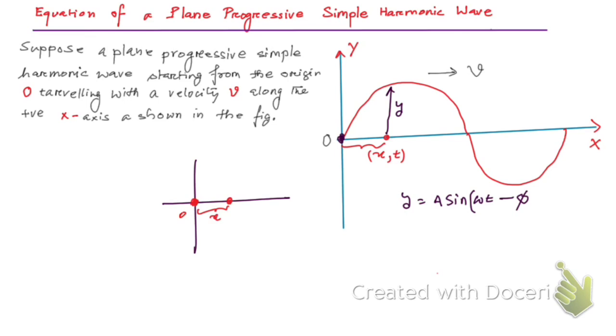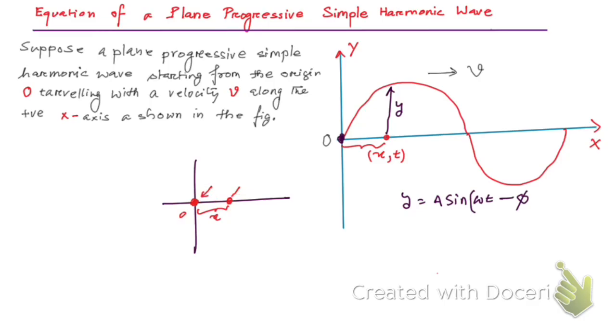The particle at O will start oscillating earlier than this particle, because the wave is traveling in this direction.